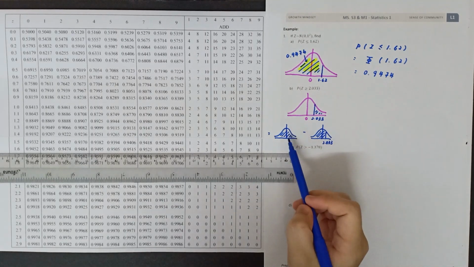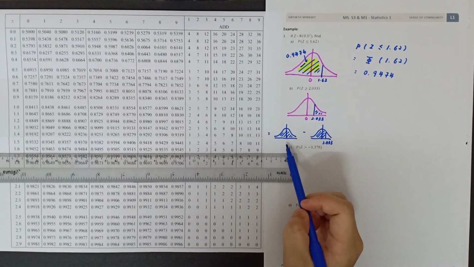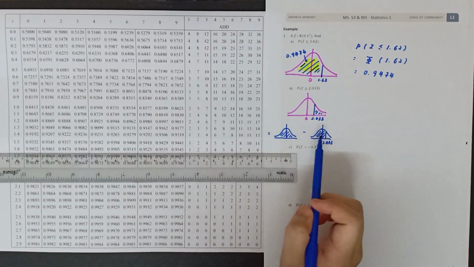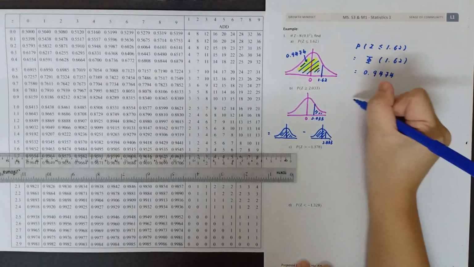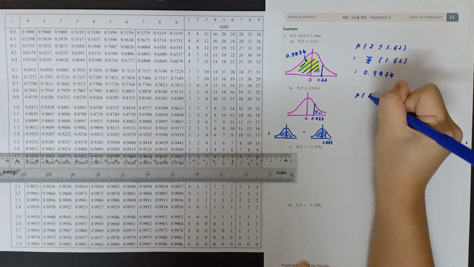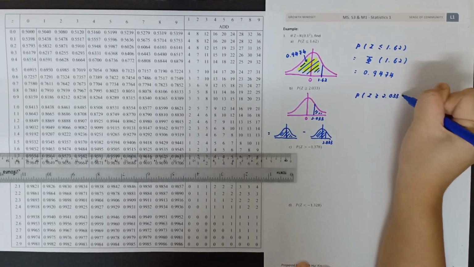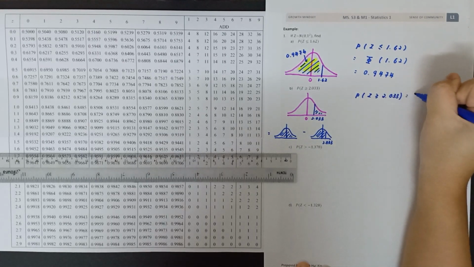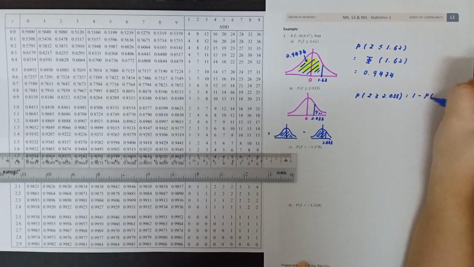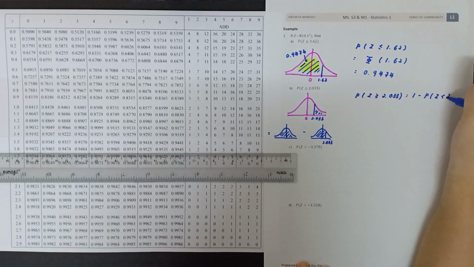So that's why I'm using the full probability, which is 1 minus the part that I can find. So probability for z greater than 2.033 is going to be equal to 1 minus probability for z that is less than 2.033.